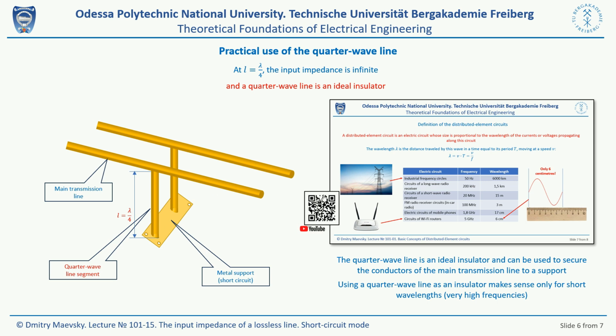However, for transmission lines in mobile communication, where frequencies are measured in gigahertz and the wavelength is about 17 centimeters, crafting insulation around 4 centimeters long is quite feasible.